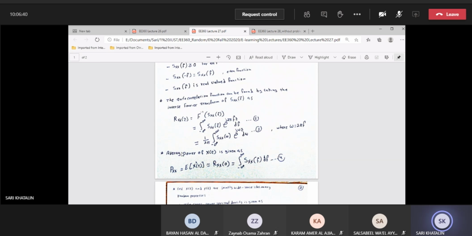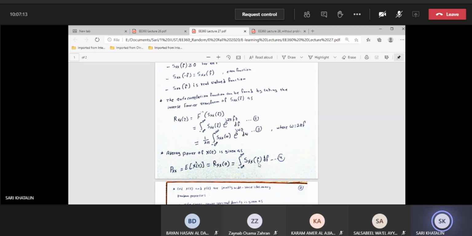In addition to that, we can find the average power of x of t. We said the average power is normally the expected value of x of t squared, meaning two random processes multiplied by each other. We showed before that this is equal to the autocorrelation where tau is equal to 0. So you can do it directly by setting tau to 0 if you already have the autocorrelation.